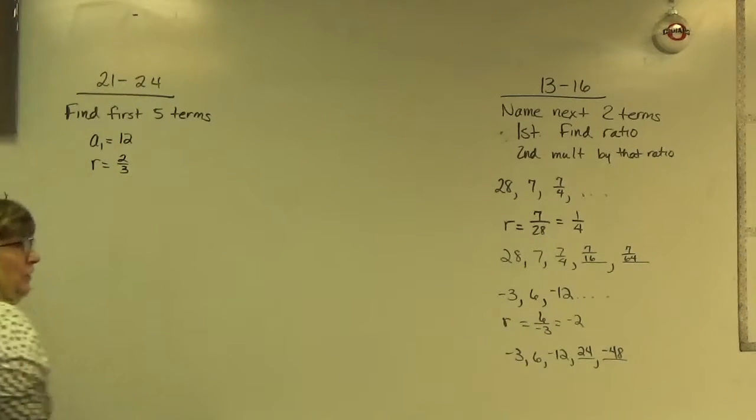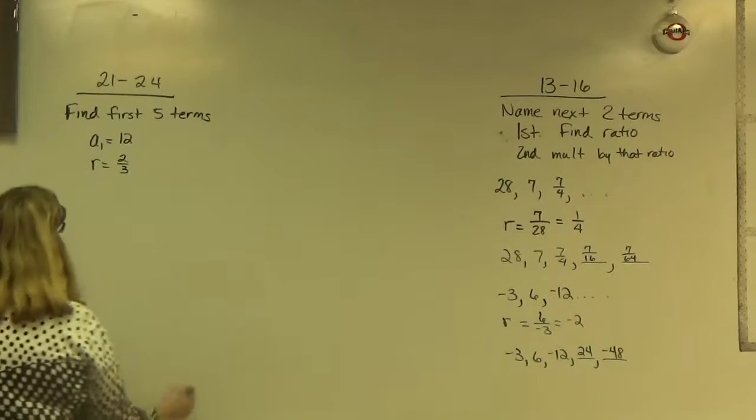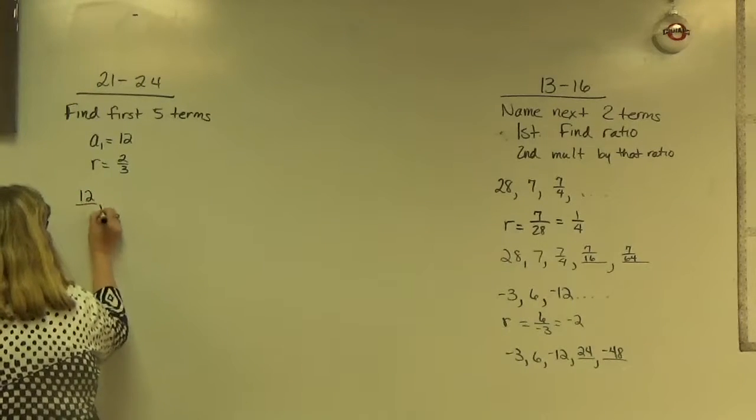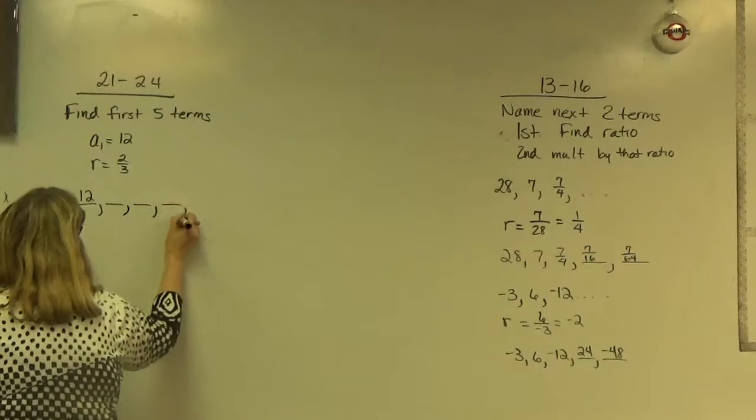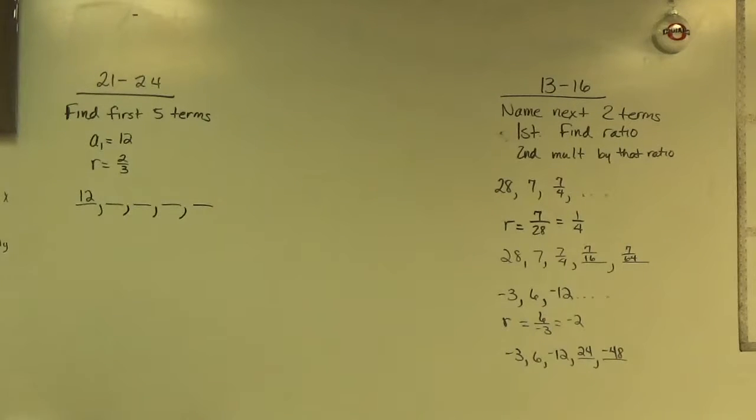And that's what they're going to give you. So what are they giving you? The ratio. They're giving you one of the answers, aren't they? So it'll be 12, that's one of them. And you've got to fill in the blanks, and how do we fill in the blanks? We multiply it by the ratio.